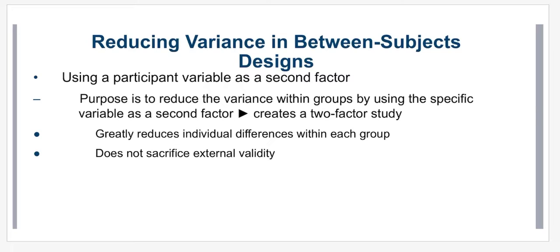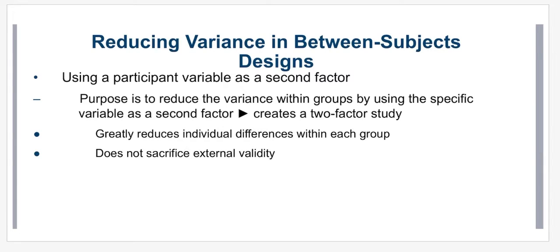And it does not sacrifice external validity. Remember, a way you might be thinking to reduce this variance, we talked about this, is holding a variable constant or restricting the range. And you can do that, of course, but remember that that limits the external validity, your ability to generalize to the larger population of the sample that you're studying.